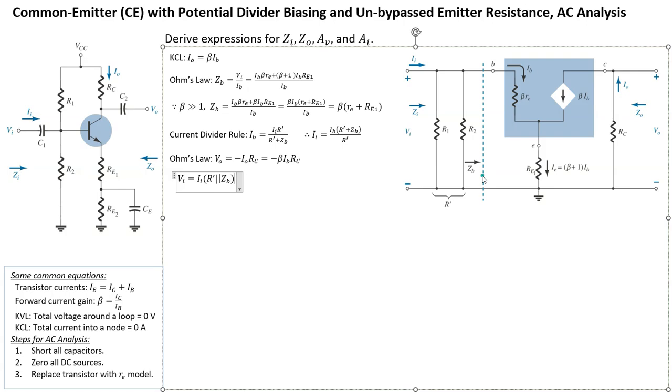We can expand this a little bit, of course, by substituting II, which is equal to this, into here, and then expanding this parallel term. So let's put IB first, and then we expand out this parallel expression, which is going to be R prime times ZB divided by R prime plus ZB.